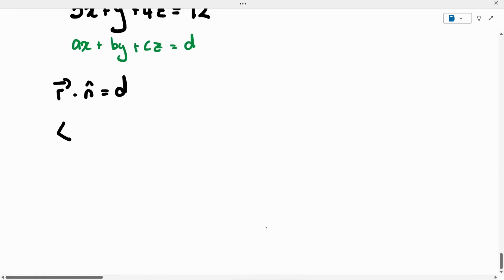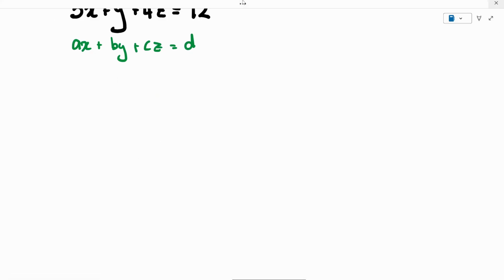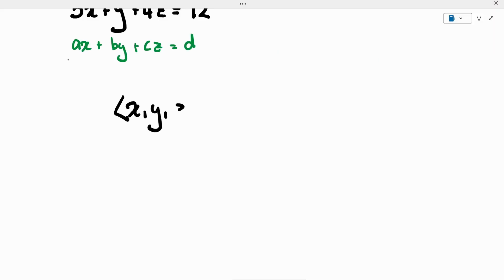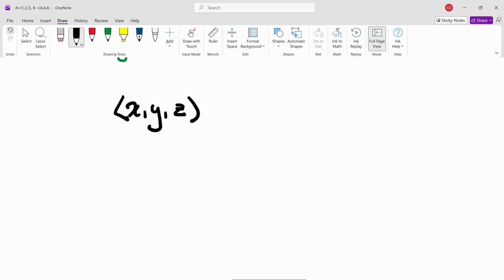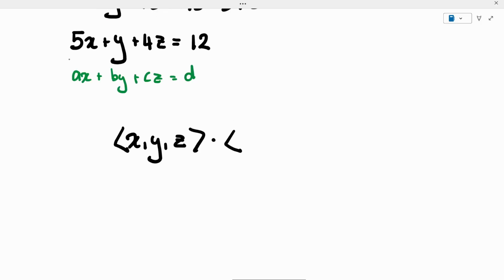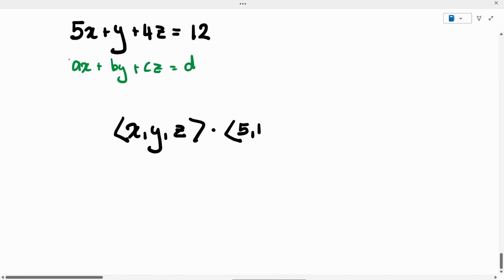Let me write it like this instead. (x, y, z) dot n, which is ABC, which is (5, 1, 4), is equal to D, which is 12. So this one is R dot N equals D.